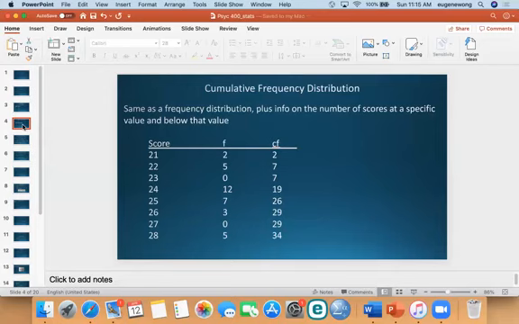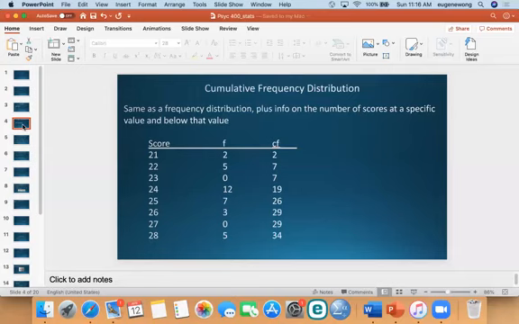In this column, we're going to indicate the number of scores that are at that value and less than that value. So for example, if we look at the score 21, there are two 21s in the set of data that I showed you. There are no values less than 21. So therefore, the cumulative frequency at 21 is 2, because there are two scores at 21 or below.